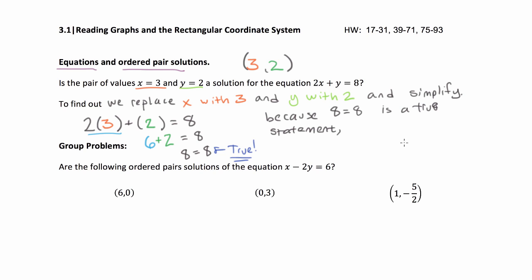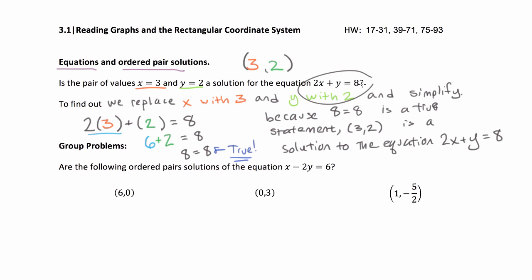That means that ordered pair (3, 2) is a solution to the equation 2x plus y equals 8. I could also say that the ordered pair (3, 2) satisfies the equation 2x plus y equals 8.